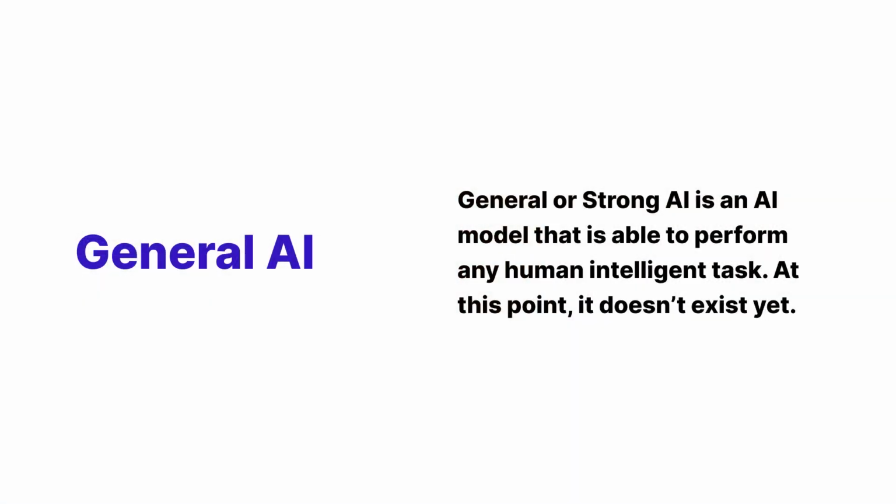And that's when we come to general artificial intelligence. So general AI or strong AI is the concept of artificial intelligence that is able to perform any human intelligence task. So this is a vision of the future of artificial intelligence that is actually very human-like. So this artificial intelligence has self-awareness, or it is able to do something that it wasn't taught to do.